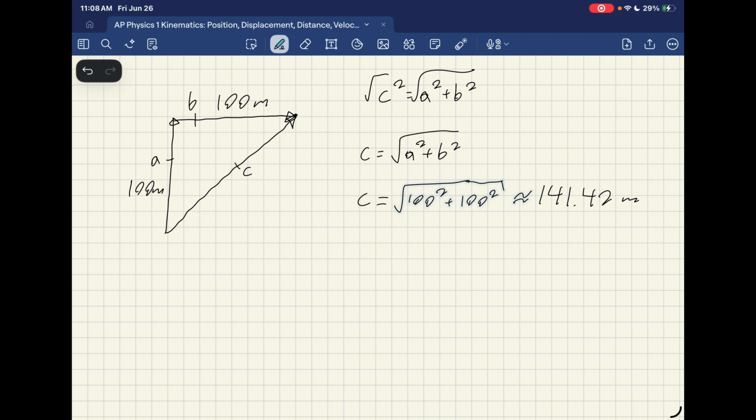So that is the length of c, and that is their displacement. Again, the distance here in this problem is 200 meters, and the displacement is 141.42 meters.